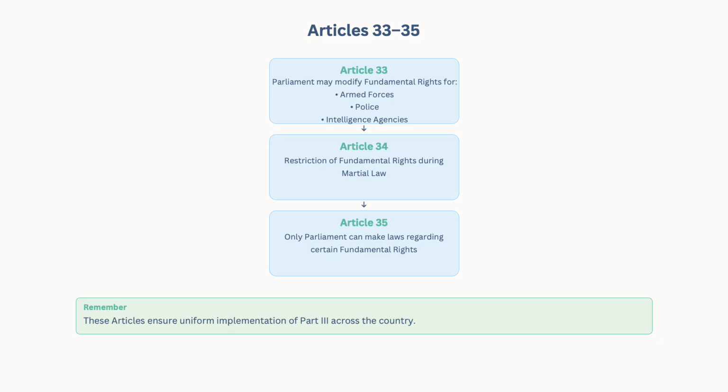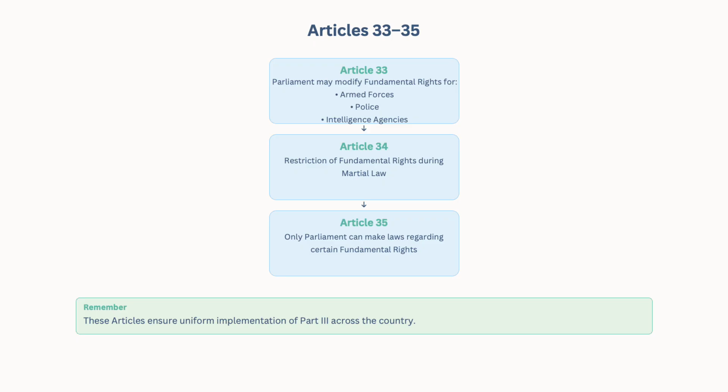Now, we have talked about Article 12 and 13, and we saw the present fundamental rights, Article 14 to Article 32, and let's take a look at Article 33 to Article 35. What does Article 33 say? As you can see on the screen, Article 33: Parliament may modify fundamental rights for armed forces, police, intelligence agencies.